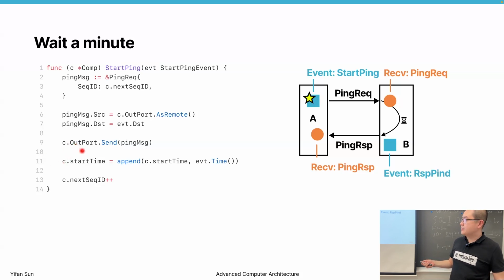We should actually create another event, another start ping event in the next cycle and try again. Then the problem is knowing when we can send out. Just keep retrying every cycle until we can send out. Maybe that's 10,000 cycles out.